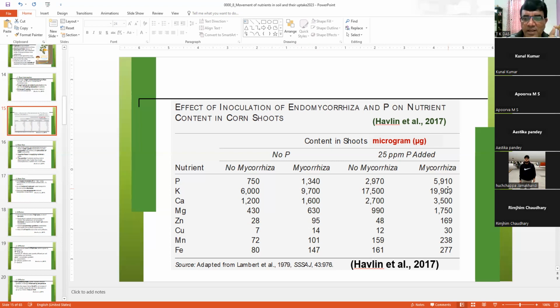So this table clearly establishes the fact that mycorrhiza help in improving the uptake of not just phosphorus, but potassium, calcium, magnesium, zinc, copper, manganese, iron, and many other nutrients under no phosphorus condition or even under conditions where you add phosphorus to the soil. So in any case, you can see the mycorrhiza are effective.